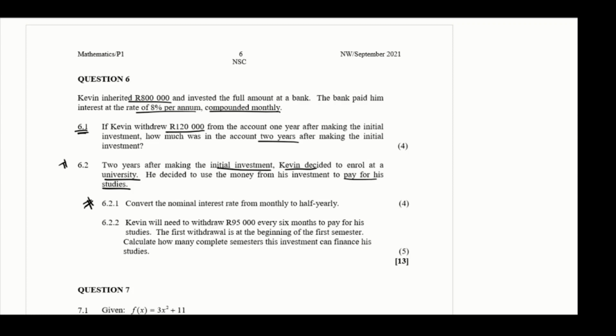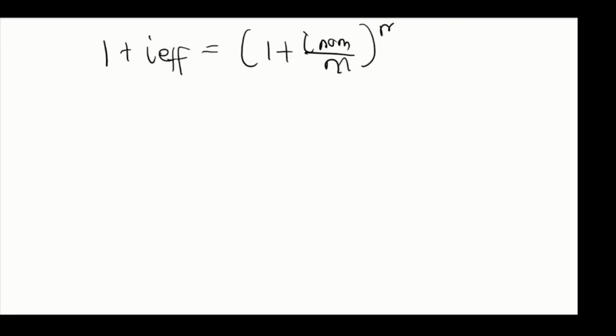6.2.1 Convert the nominal interest rate from monthly to half yearly. Convert the interest rate. What you're going to do is write the formula: 1 plus i effective equals 1 plus i nominal over m, to the power m.